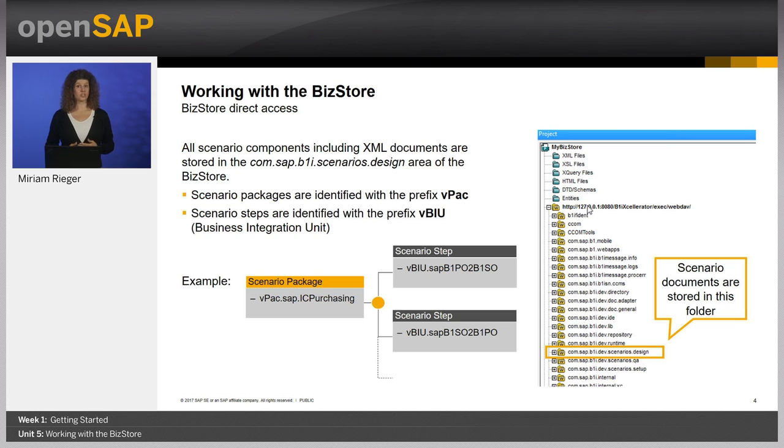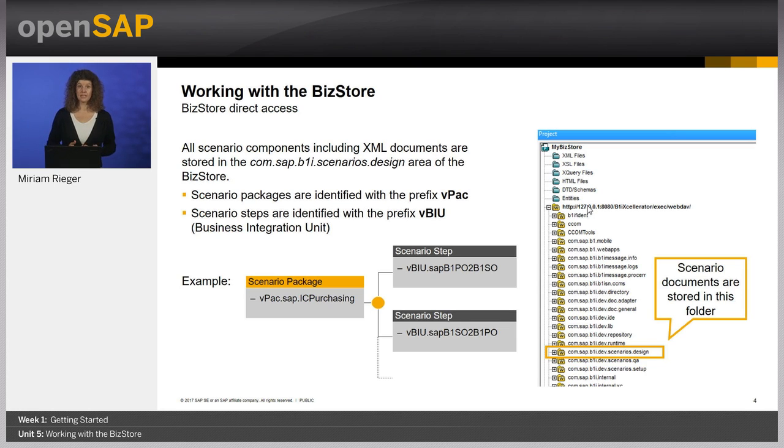Scenario packages are stored in the com.sap.b1i.scenarios.design area of the BIS store. You will also see it later. Scenario packages are identified with the prefix vpack and the development prefix you entered.